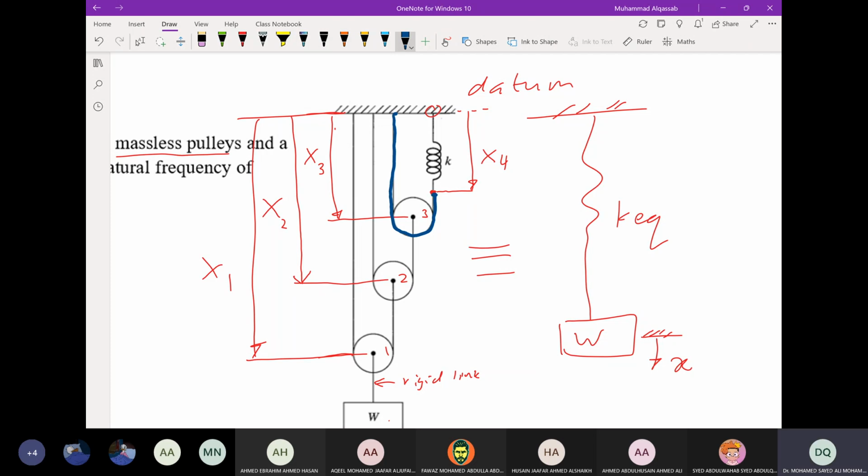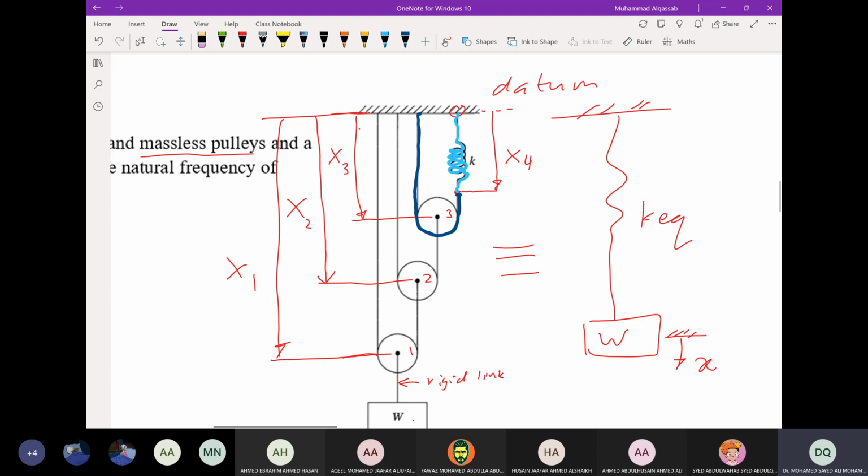This is the end of the cord. And then you have the spring. For the spring, you need to know the deflection in order to find the force in it by using Hooke's law.